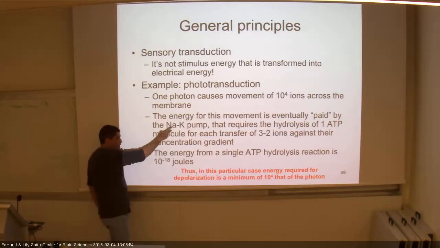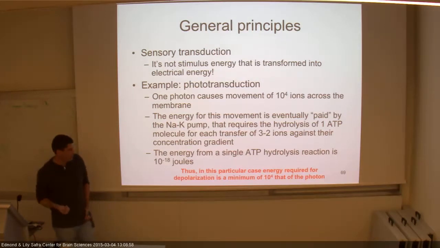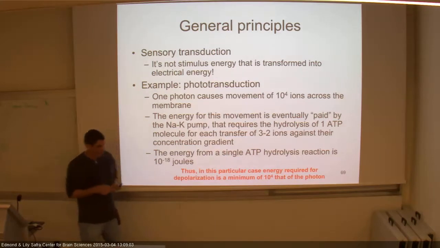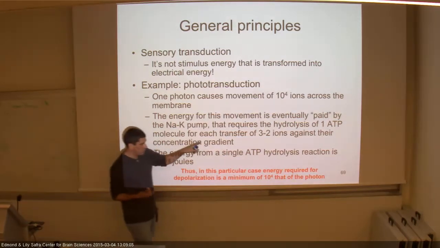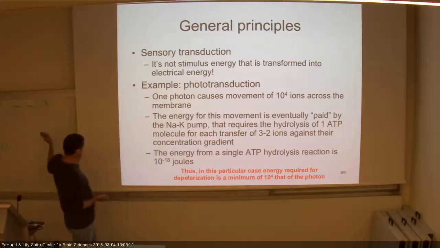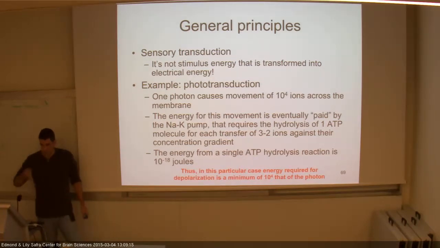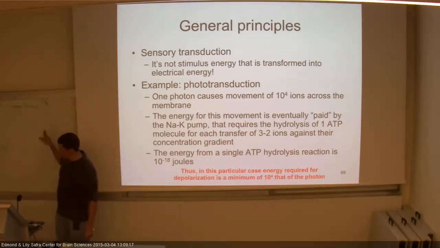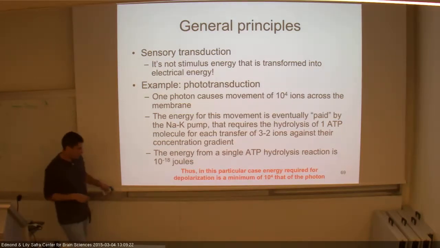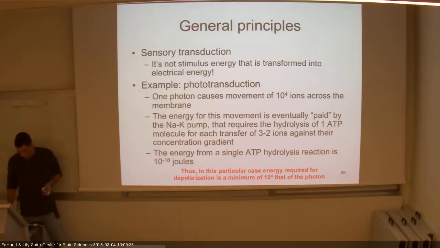And for each work of the sodium potassium pump, which gives us an electromagnetic effect of one ion, you have to pay 1 ATP, which means that this transduction is going through a metabolic energy step. So one photon will cause this depolarization, but you're paying basically the price of metabolic energy.